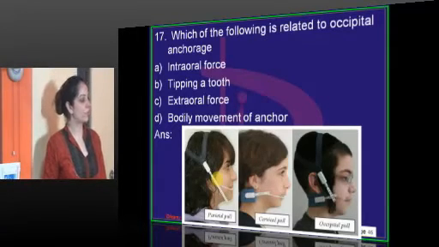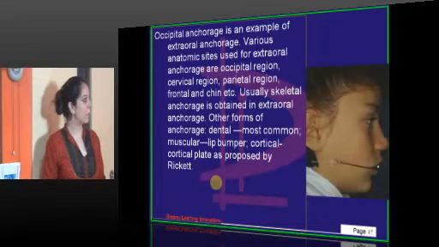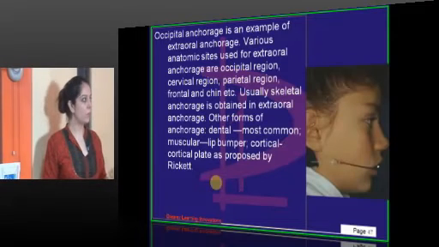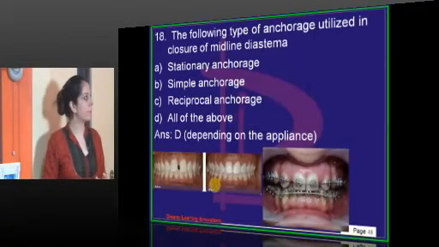Occipital anchorage. It is the extraoral force, because it's a form of extraoral anchorage. So many sites are used: occipital, cervical, parietal, frontal and all that. So any kind of skeletal anchorage that is used is a form of extraoral anchorage, and other forms dentally that are used are muscular like lip bumper and cortical plate as proposed by Ricketts.